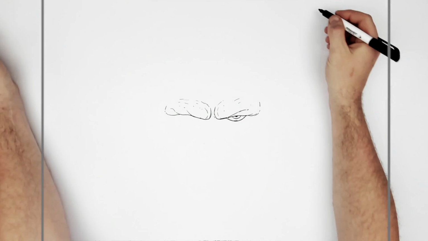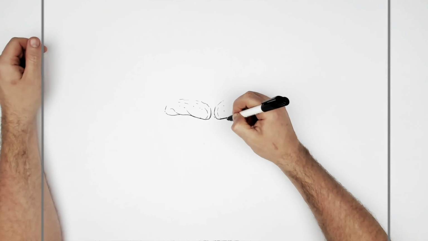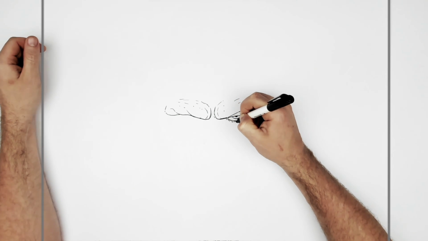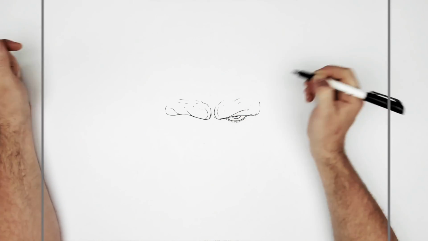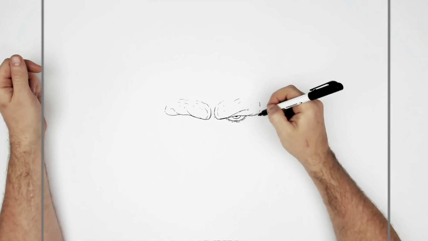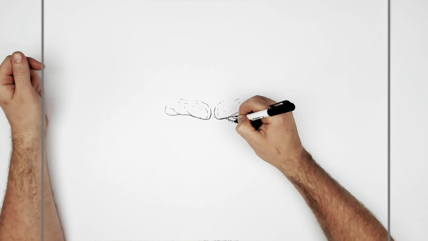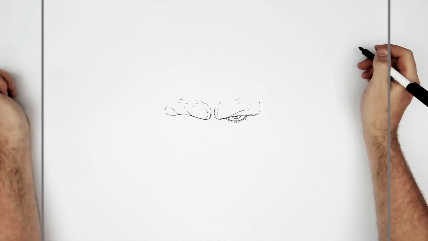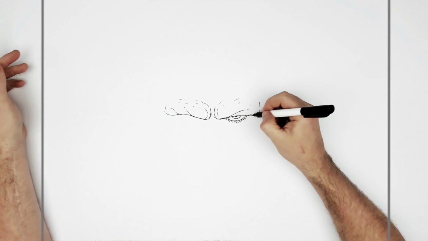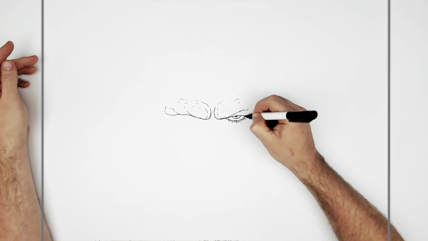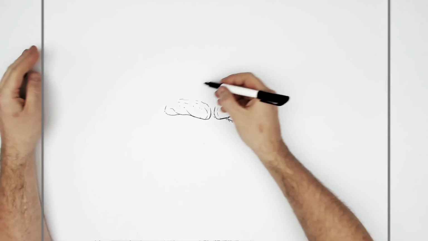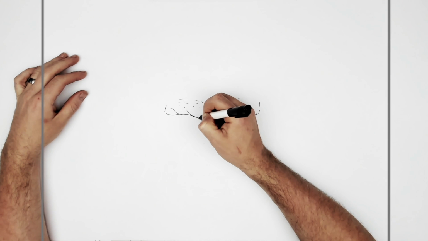Okay. Bottom eyelid has eyelashes, so you just do these kind of dots and dashes, just coming across like that. And then some small eyelashes kind of sticking off here. Okay. Same thing then on the other side.